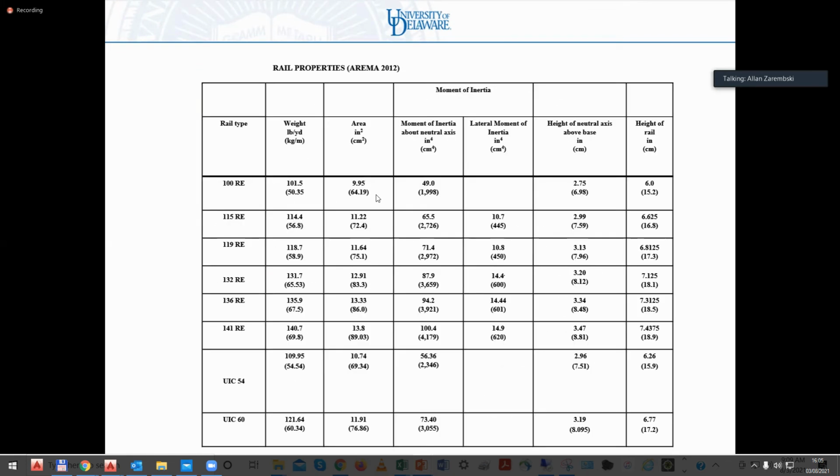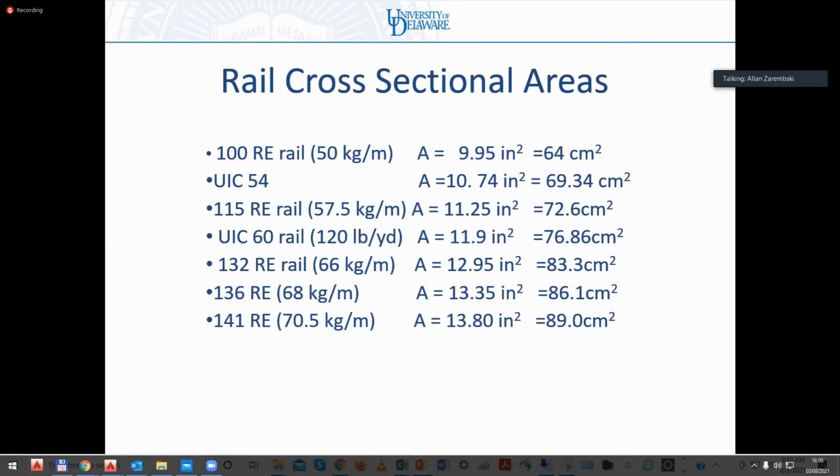So if we look over here, for example, for UIC 60, the cross-section of the rail would be 76.86 square centimeters. For UIC 54, it would be 69.34 square centimeters. So the cross-section of the rail varies depending on the weight or the size of the rail.